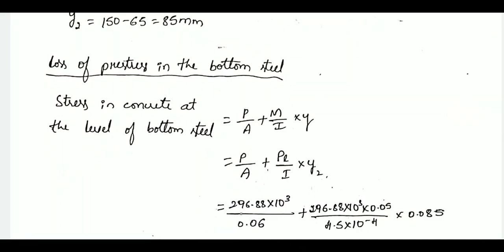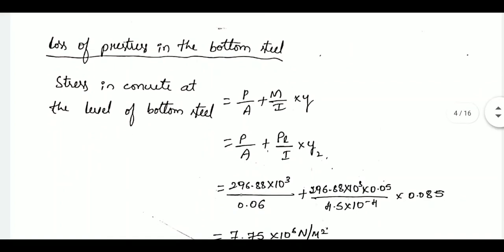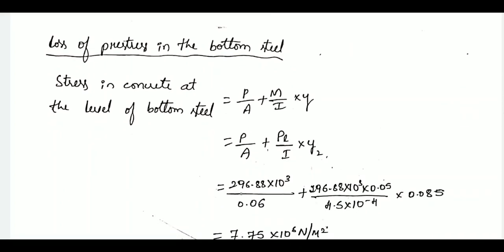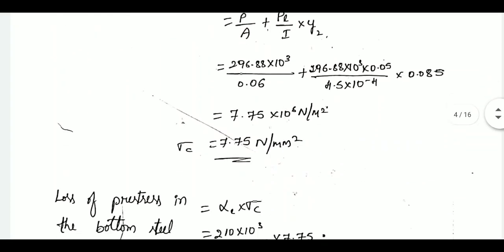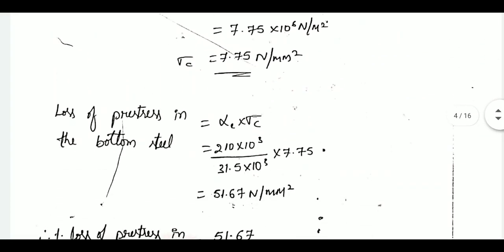So first we have considered the bottom steel, that is 15 number of wires, P by A plus Pe by I into y2, that is the distance between the 15 wires and the centroid of the overall section. There we have got the sigma C value. Calculate the loss of stress. The modular ratio, the elastic moduli of steel and concrete are given, and you consider the sigma C value.